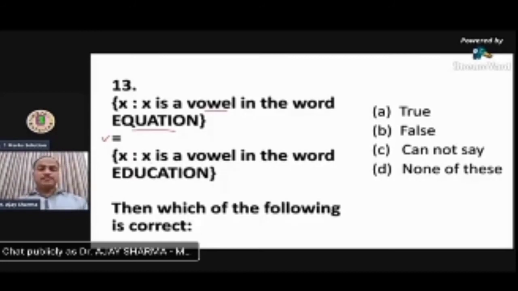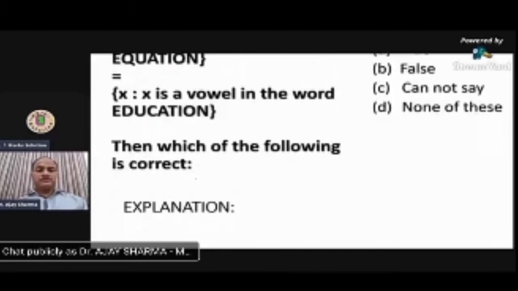This other set contains all those vowels in the word education. In the word education, we can see the vowels are E, U, A, I and O. Here also we can see E, U, A, I and O. These are the vowels.